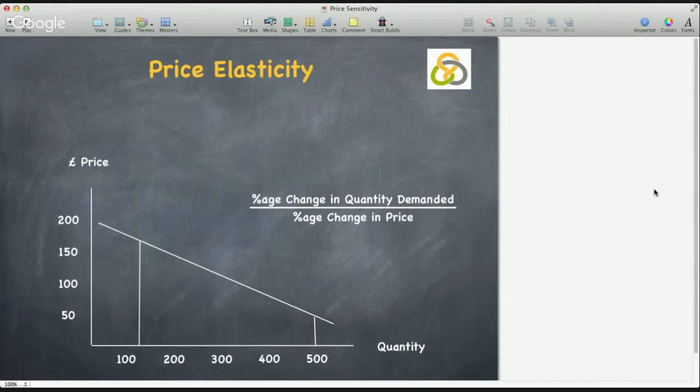Price elasticity is one of the key metrics in measuring marketing success. The task is to create a product or a service that has a unique and sustainable value for customers compared to other options in the marketplace. A marketer's goal is to move the company's products from elastic to inelastic.